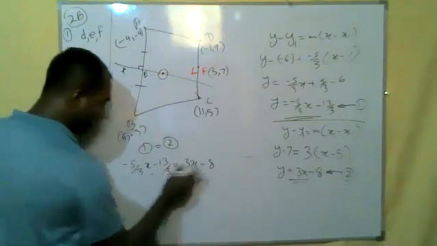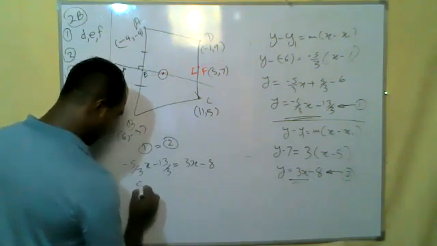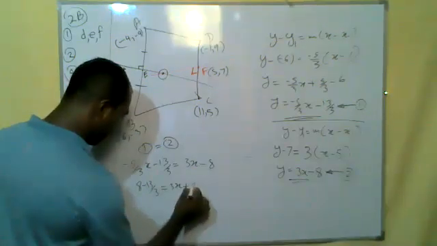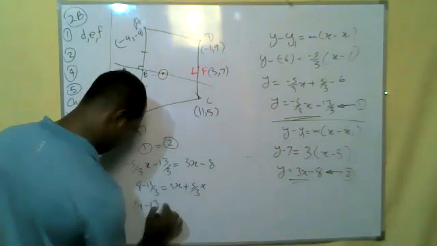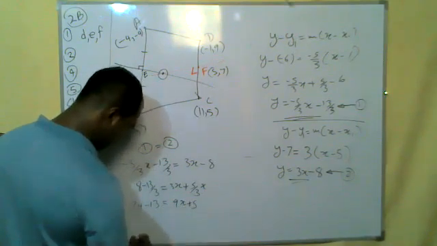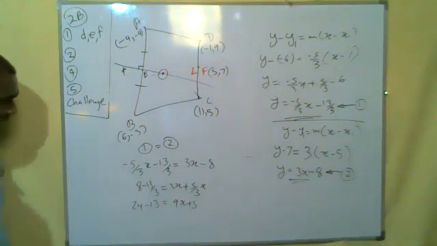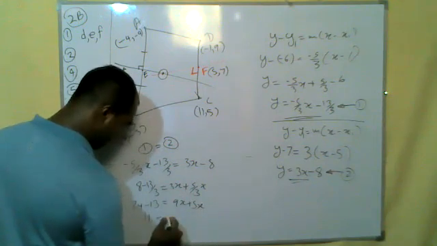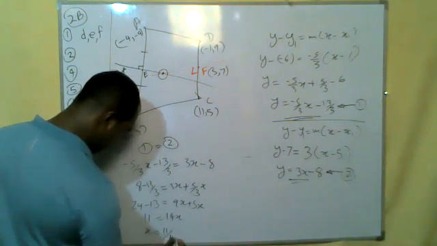If we take the x's to this side and the numbers to the other side, 8 minus 13 over 3 equals 3x plus 5 over 3 x. (24 minus 13), what do we get? 11 equals 14x. So we get x equals 11 over 14.